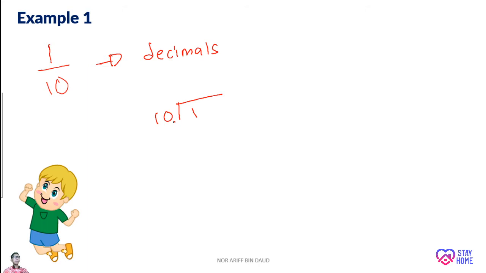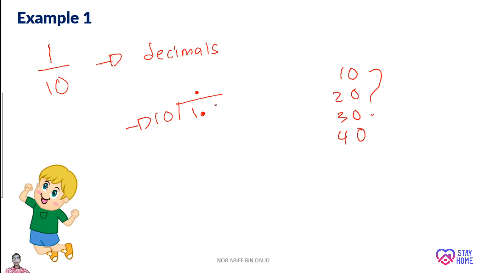Okay, for example, this one. We are using 10, so we must have the times table of 10 here. In the times table of 10, we don't find the number 1, but we can put a decimal here. If here you put a decimal, at the top also you must put a decimal.